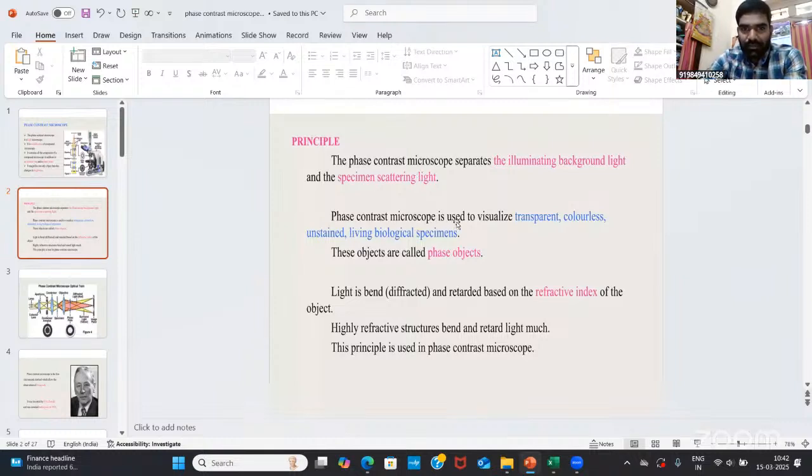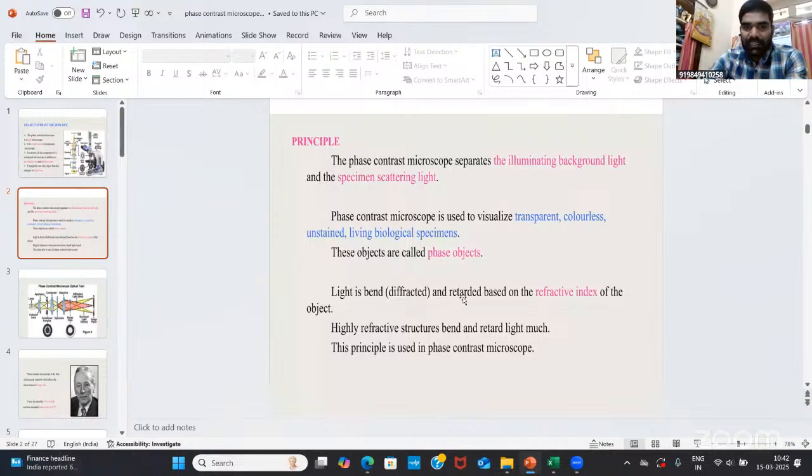Phase contrast microscope is used to visualize transparent, colorless, unstained living biological specimens. That is why we use it, because to visualize these specimens we need the phase contrast microscope. These objects are called phase objects.